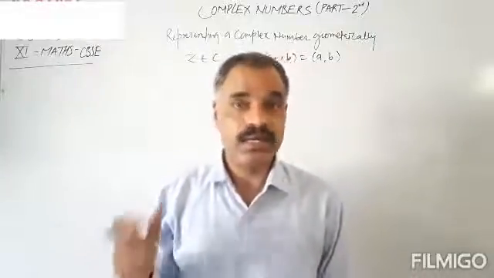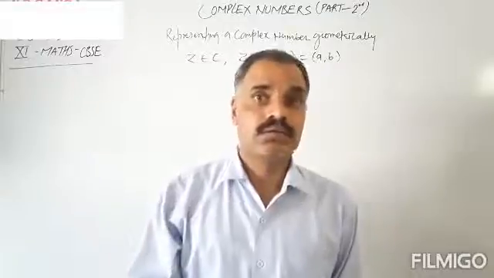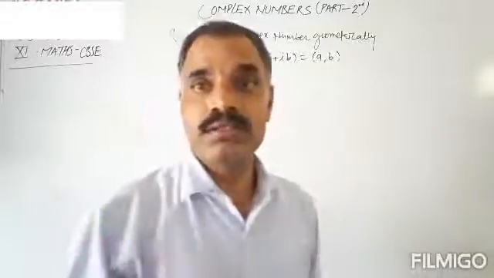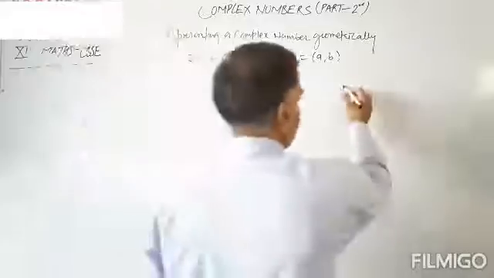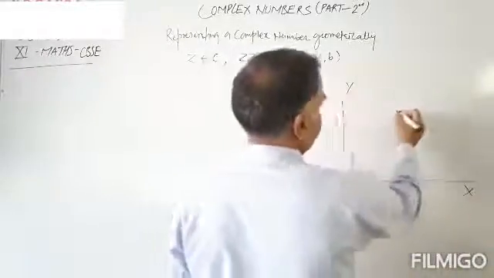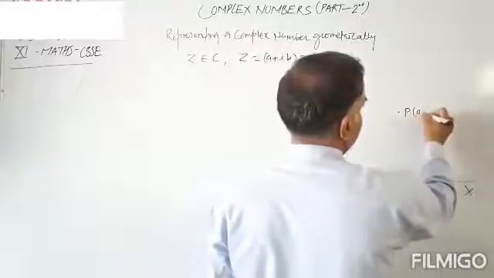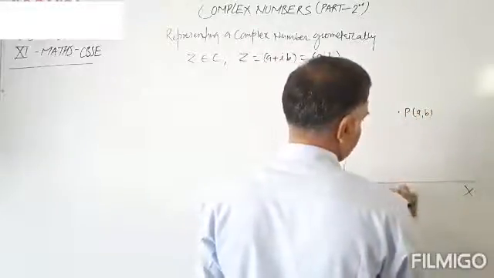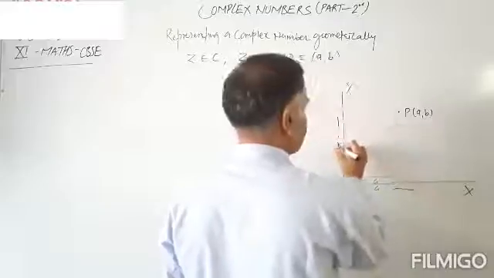And we know that the ordered pair (a, b) can be plotted in the two-dimensional coordinate plane, x, y. This point will represent (a, b) if this distance is a and this distance is b.